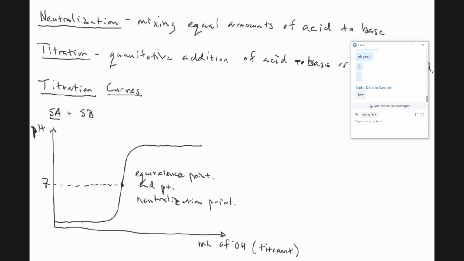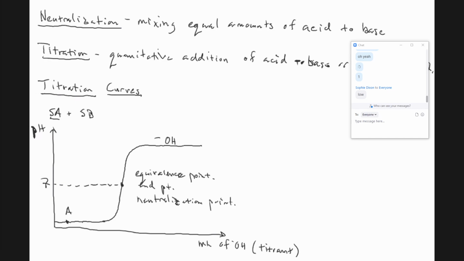This is when we have equal moles of acid to base, right? And then if we keep on adding base, then you're going to get something that's fairly basic, right? Because this is just going to be all OH minuses afterwards, okay? Hence why high pH.